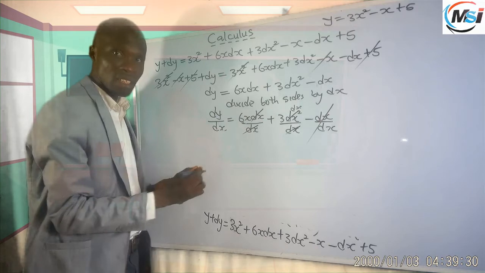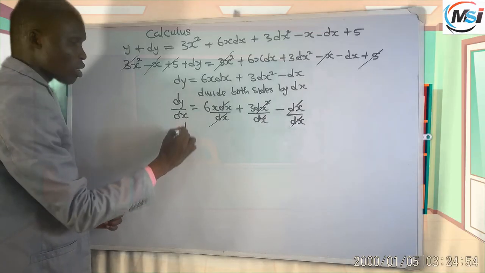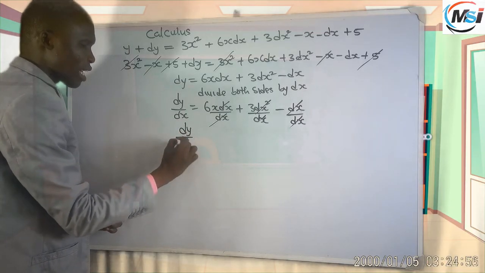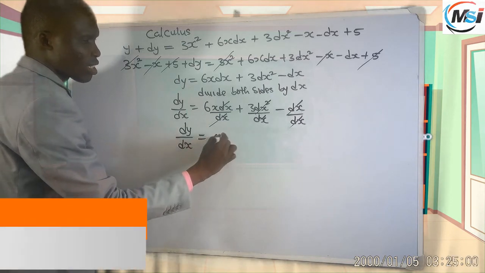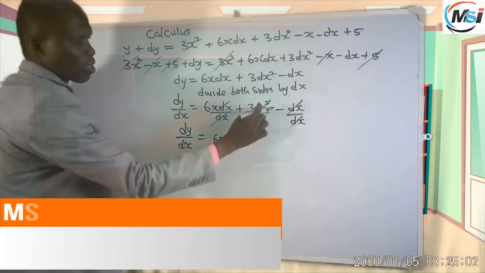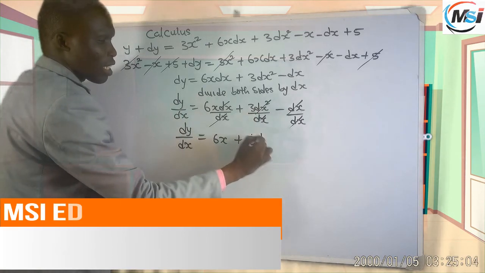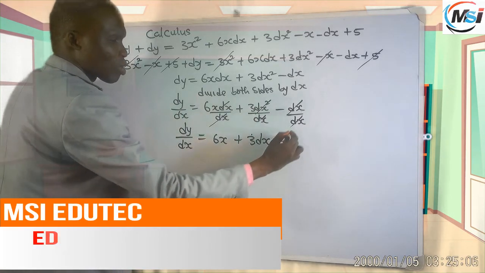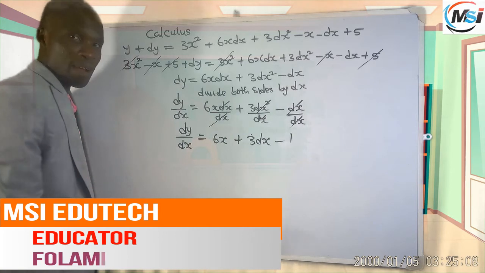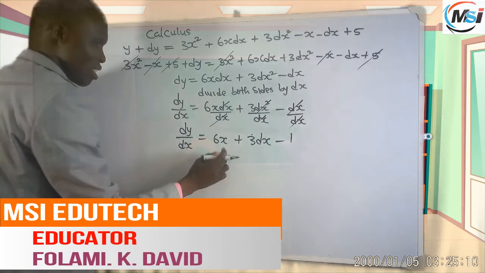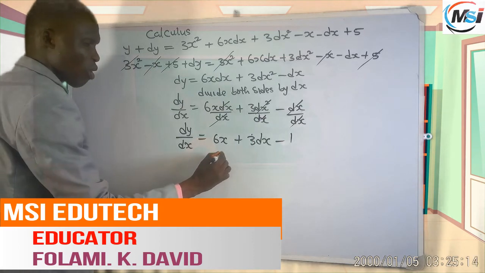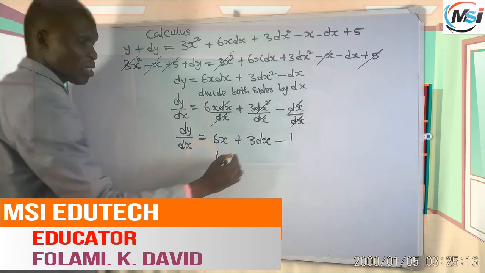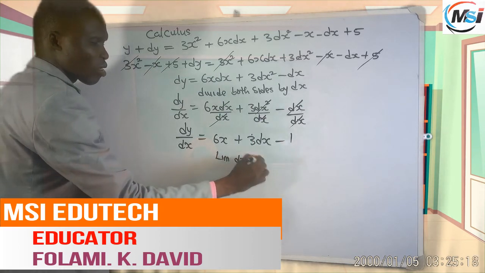So that is telling you that dy all over dx equals 6x plus 3dx minus 1. I believe you understand that, right? Now, you need to understand something. There's what we call the limit, as dx tends to 0.